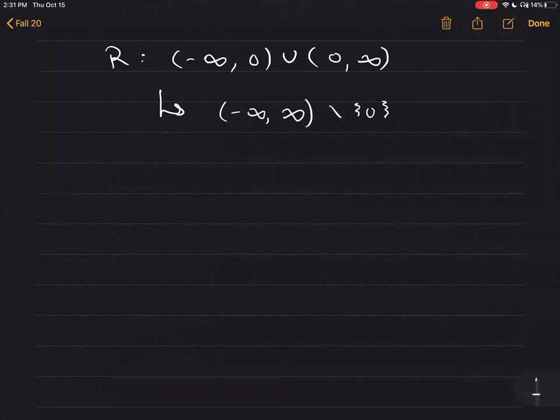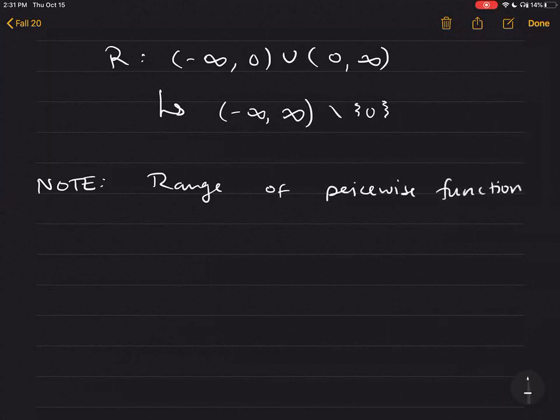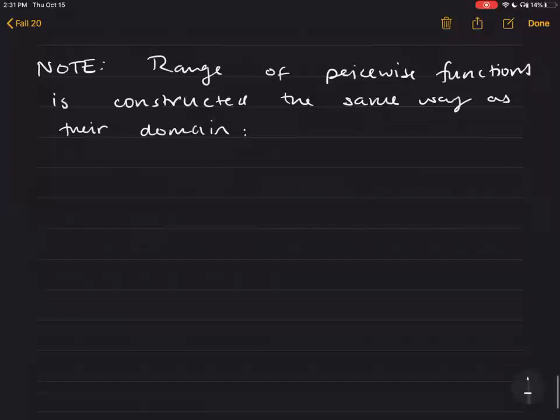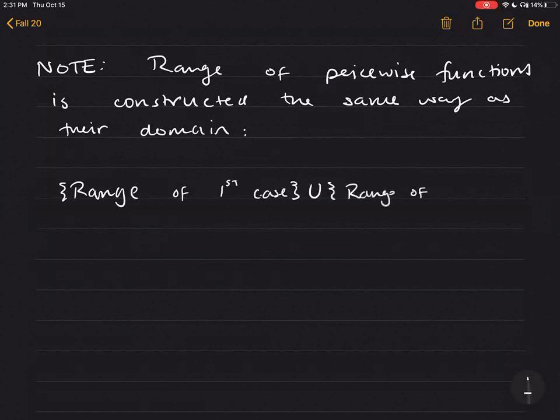So note, the range of piecewise functions is constructed the same way as their domain. That is, if we're looking at the range of a piecewise function, that would be the range of the first case unioned with the range of the second case.